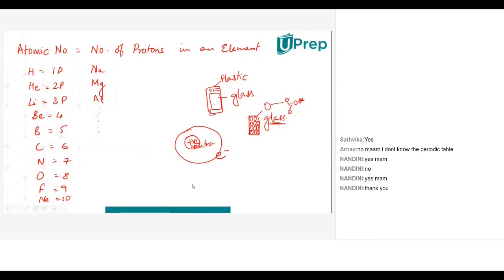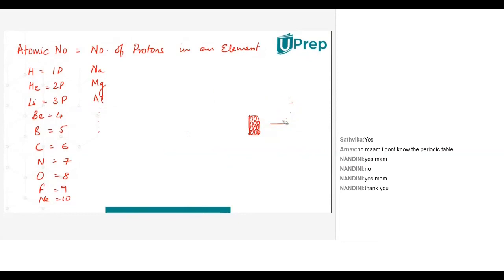All right, so now we know what protons are. These positively charged particles that are inside the nucleus are called protons. So these protons determine the atomic number of an element. If the atomic number of an element is 1, for example hydrogen, the structure of hydrogen has one proton in the middle and one electron going around this nucleus.